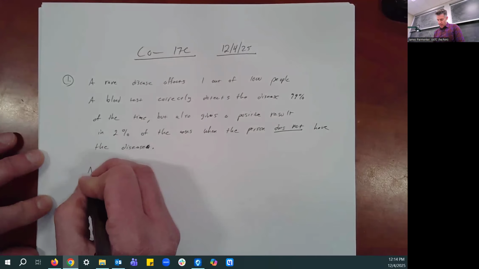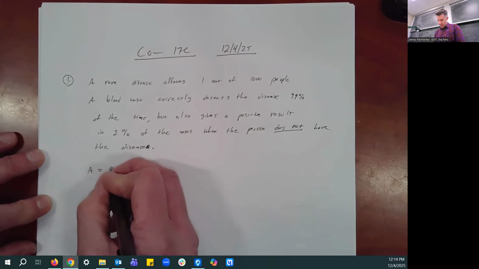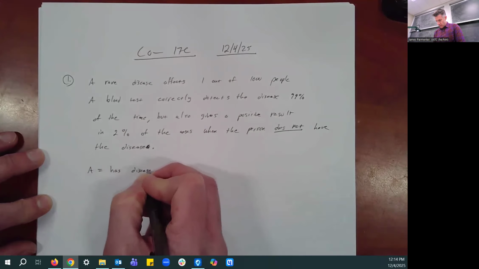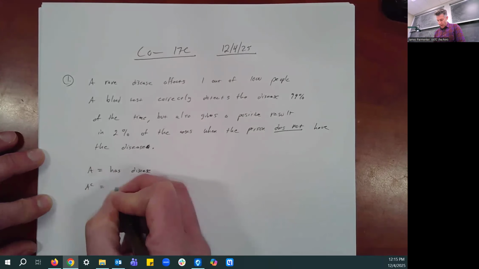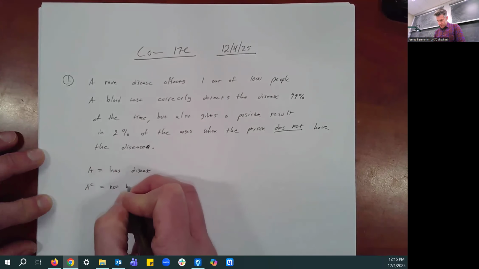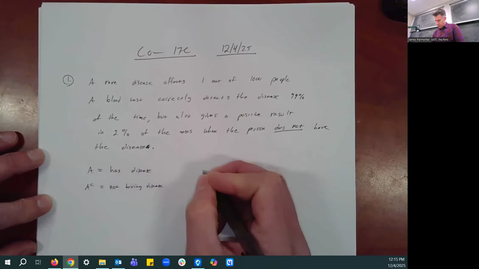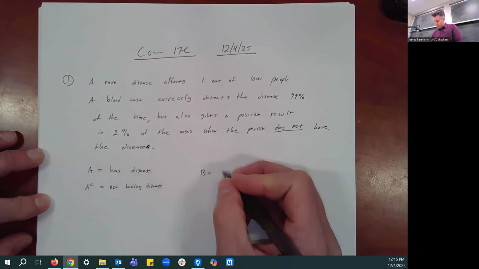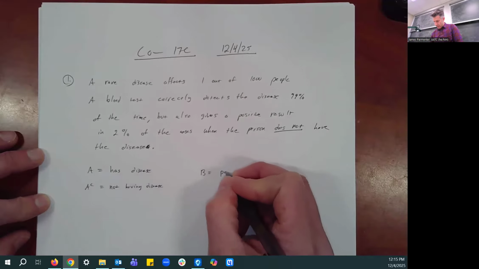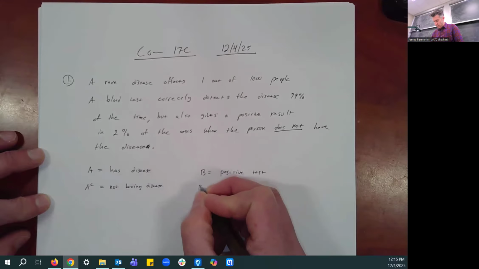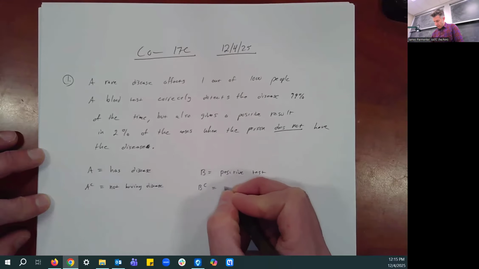Let's say that A is the event of having the disease. A complement is not having the disease. And B is the event of having a positive test, and B complement would be a negative test.